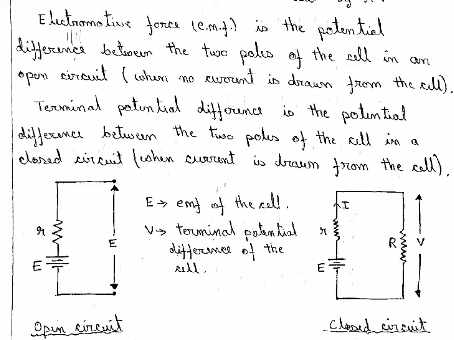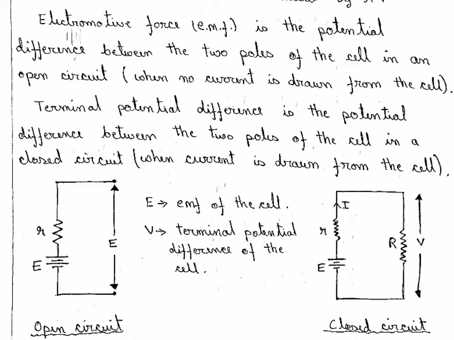Now we term this as a terminal potential difference because when current is drawn from the cell, there is a potential drop across the internal resistance of the cell. Unlike in an open circuit, where the current is not drawn and there's no potential drop in the internal resistance. But here, since current flows in the circuit, there is a potential drop across the internal resistance of the cell.